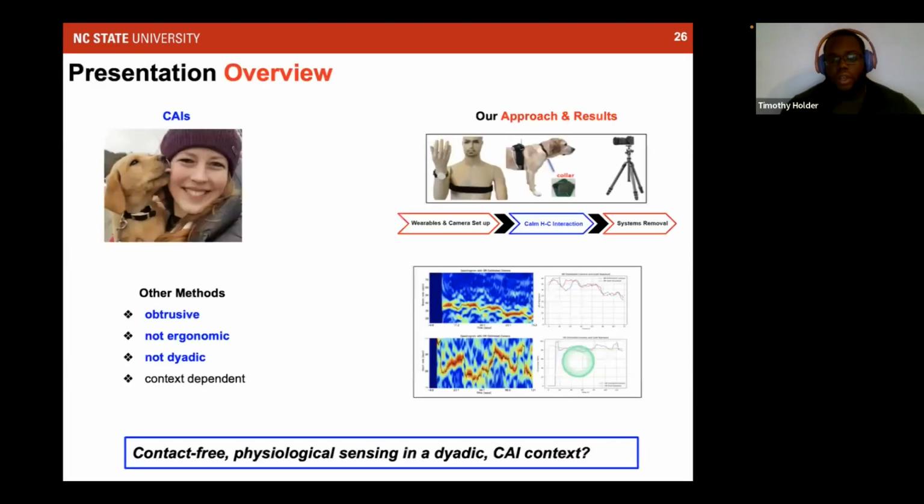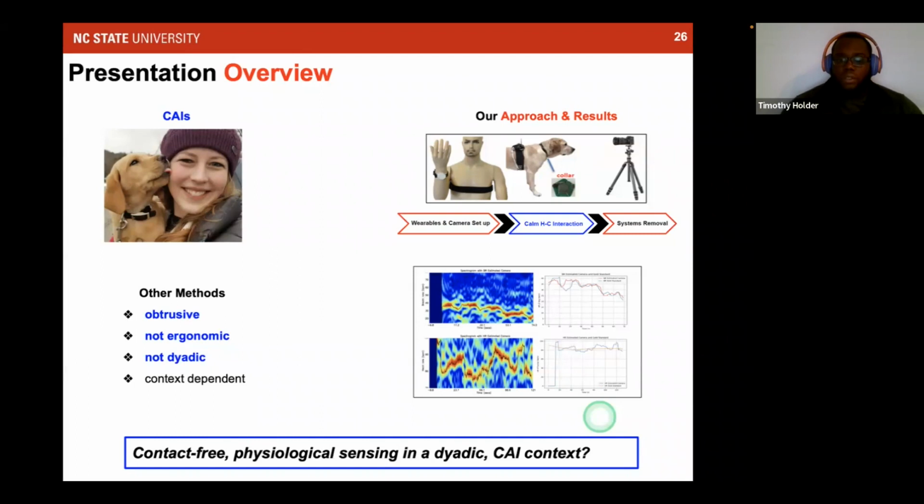Thank you, Mushfiqur. In this presentation, we briefly introduced canine-assisted interaction as well as some of the gaps in the literature, specifically focused on intrusiveness to the interactions, discomfort due to the devices and systems currently being used, as well as not focusing fully on both parties in the interaction. We also talked about our approach.